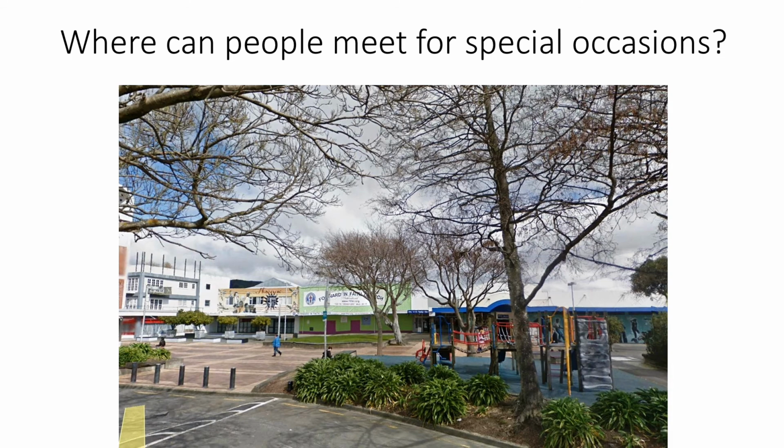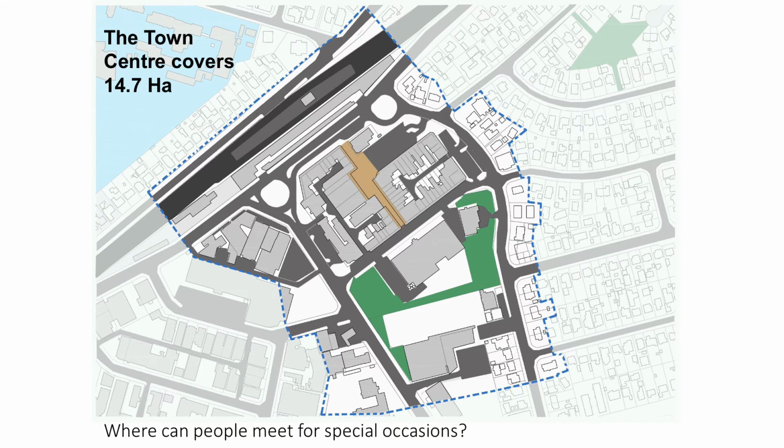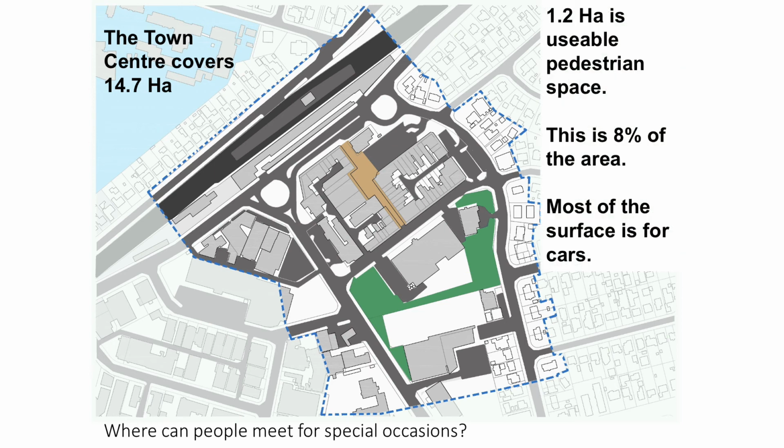Community aspirations are for greater gathering spaces, for special occasions, and for places where special memories can be made. Hillary Court is one such place. We can measure and map and assess all of these public spaces in the town centre. The overall town centre is about 15 hectares in area, of which 1.2 hectares is large, usable public gathering space.